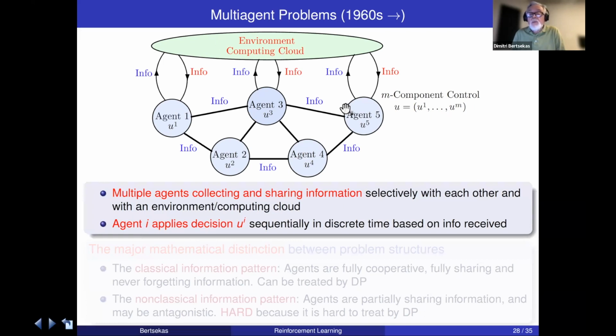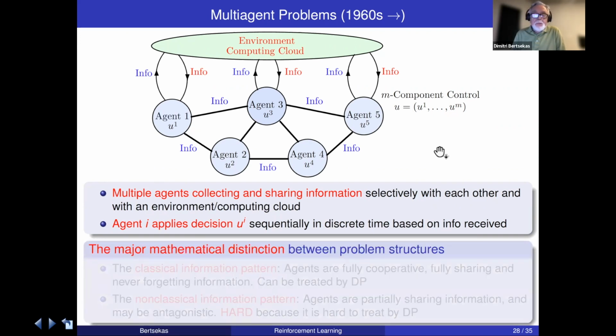And based on this information, they apply a decision. Then we go to the next stage, we collect new information, share new information, make another decision, and so on. Needless to say that this is already a pretty large size problem, particularly due to the size of the control space, but also due to the size of the state space potentially.